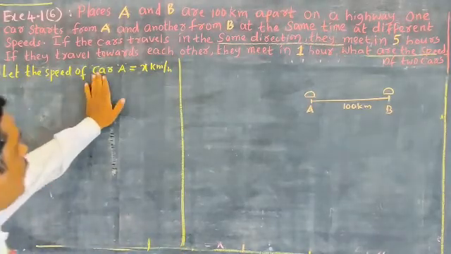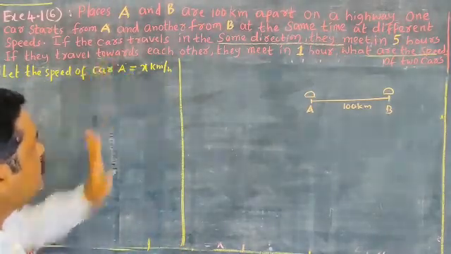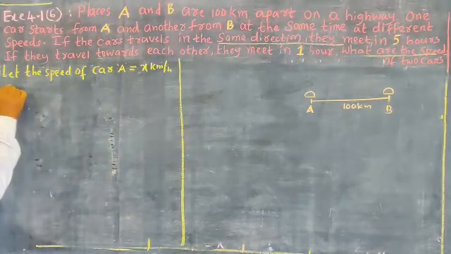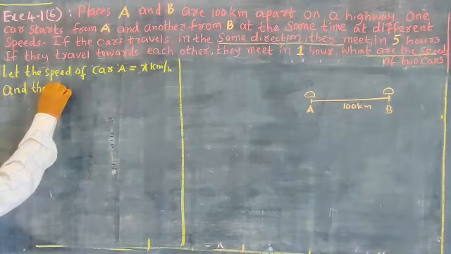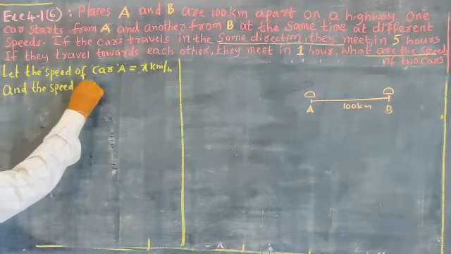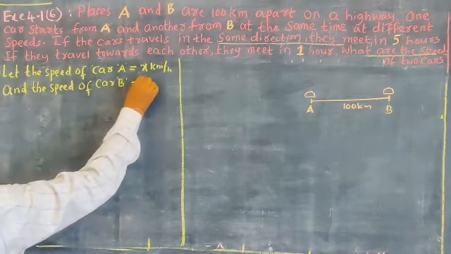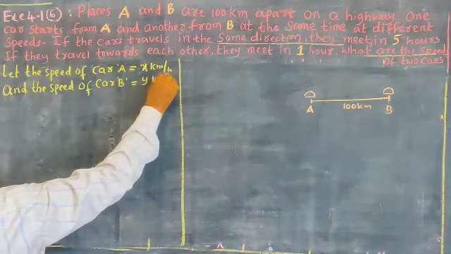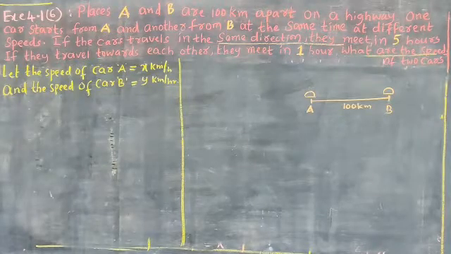Car A means the car which is at place A. And let the speed of car B, the car at place B, be y kilometers per hour. Is it clear then? Right. Okay, I have written the car speeds.